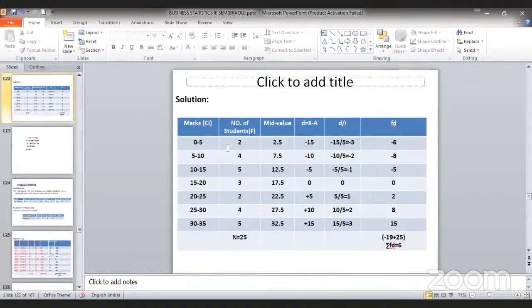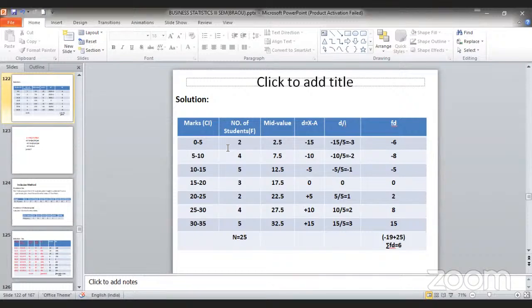See the problem? Here is the solution, same as how we did the last problem in the last class. Your class intervals are 0 to 5, 5 to 10, 10 to 15, and so on, with the number of students, and the total number of students N equals 25. For the mid value, you take 0 plus 5 divided by 2.